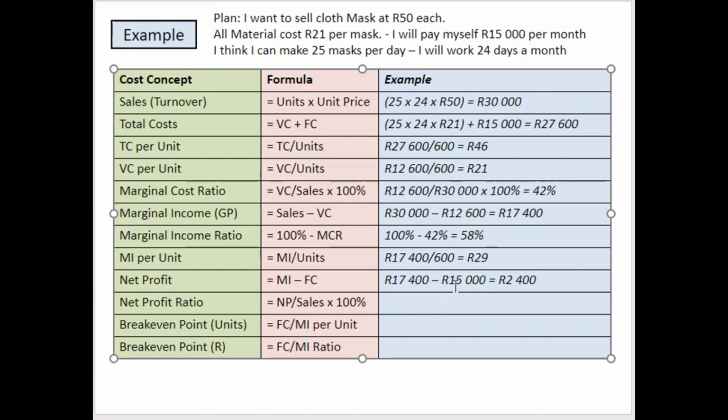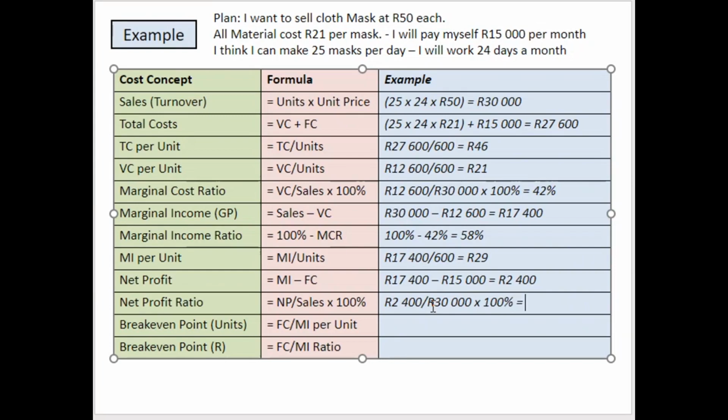Okay. Now let's have a look at our net profit ratio. Well, we just calculated our net profit. It was 2,400. I know that my sales is 30,000. Let me multiply that with 100%.